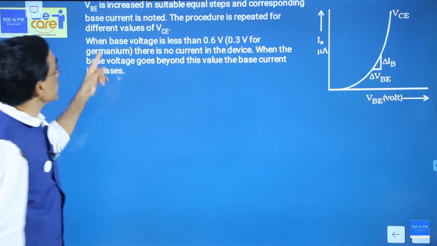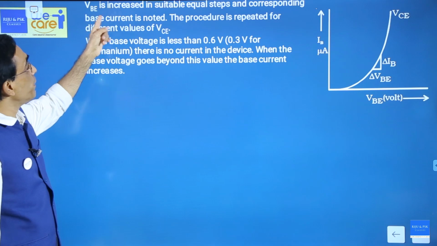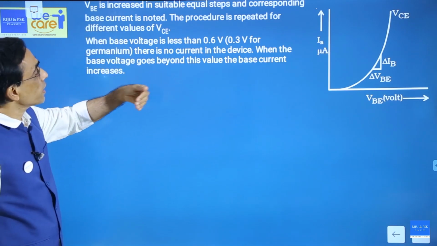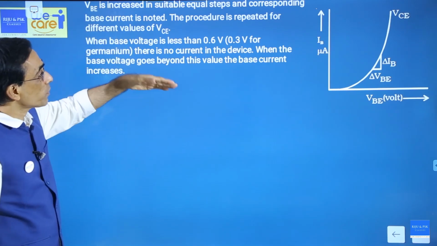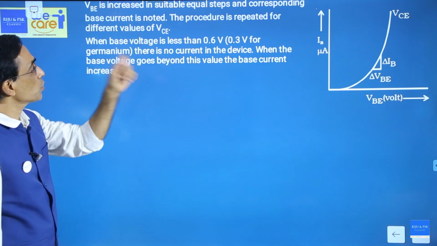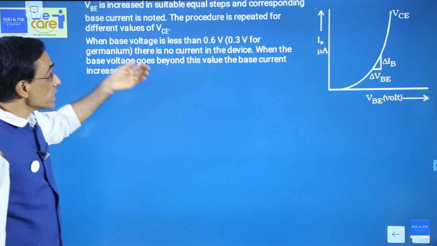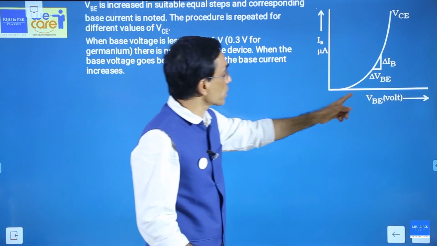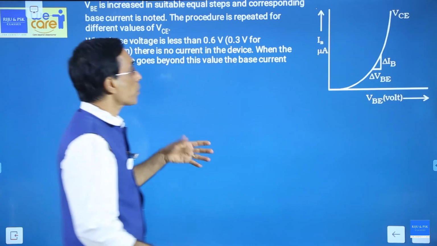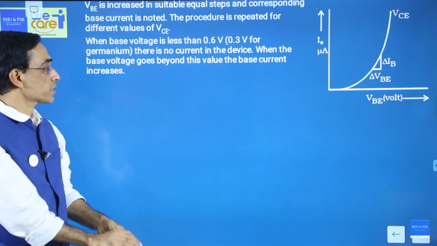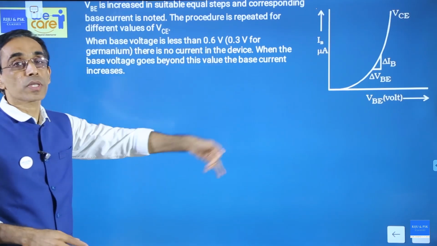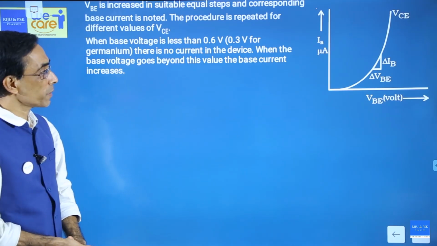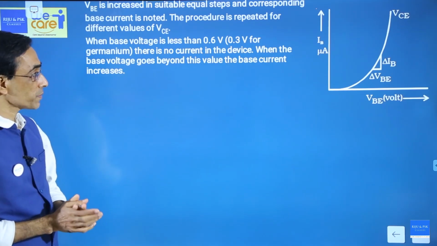Now we can see that VBE is increased in suitable steps and the corresponding base currents are noted and you draw a graph. When the base voltage is less than 0.6 volt here, or 0.3 for germanium, there is no current. Current flows only when it is more than 0.6 or 0.3. Okay, that's an important point.